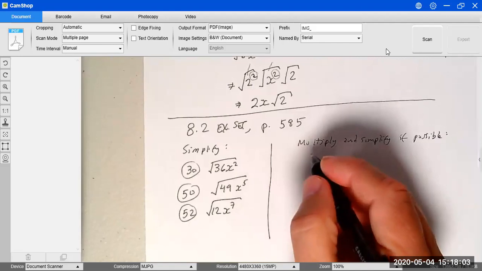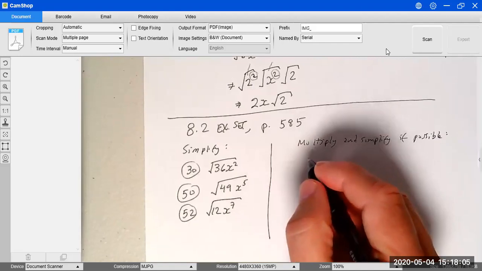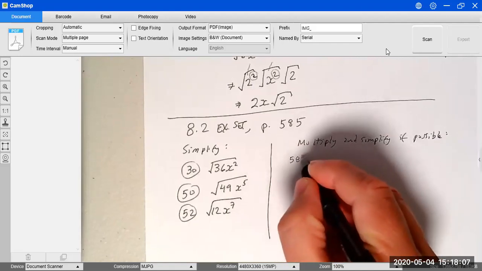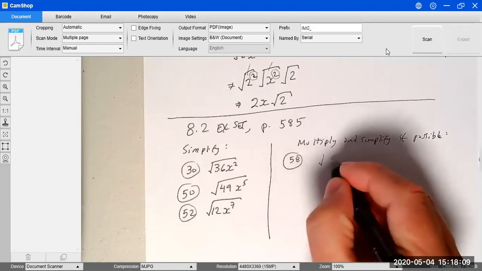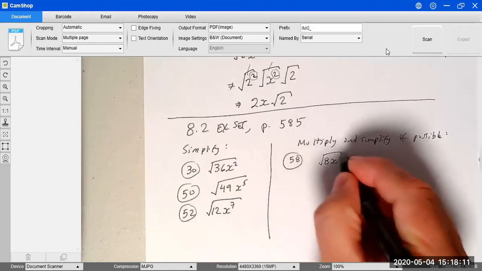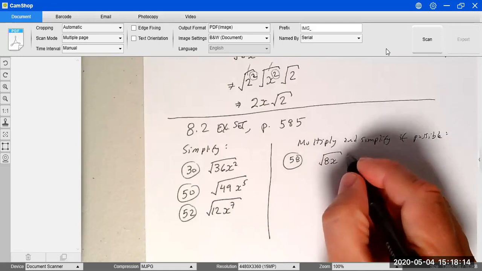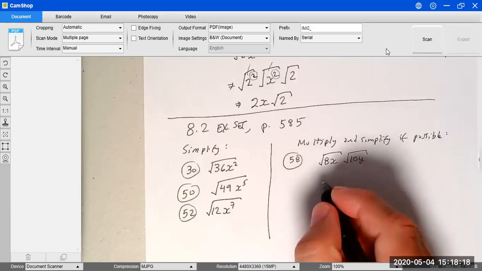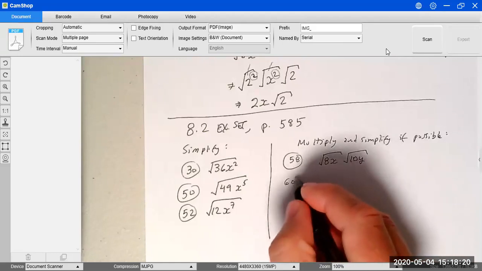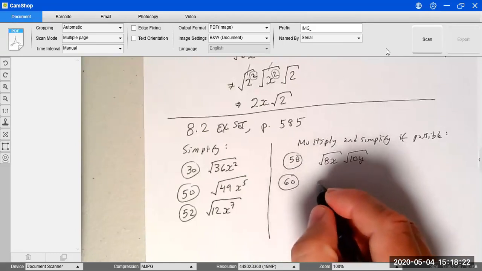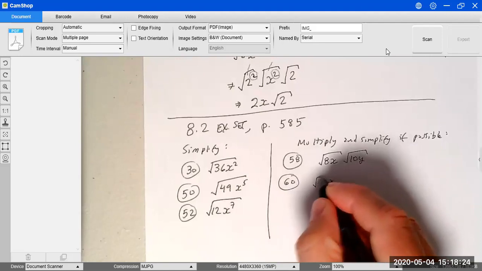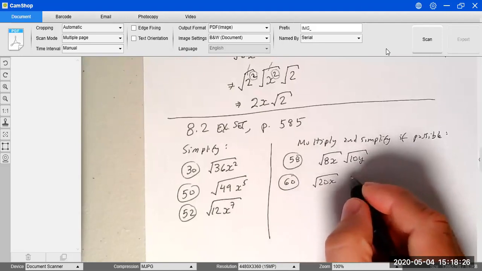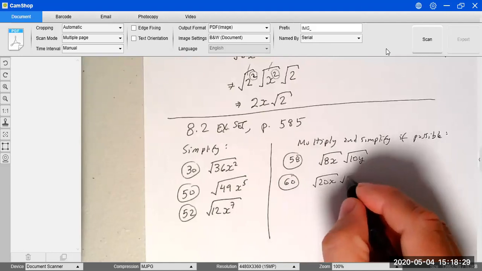So we have 58, which is the square root of ax times the square root of 10y. Then we have 60, which is the square root of 20x times the square root of 5x.